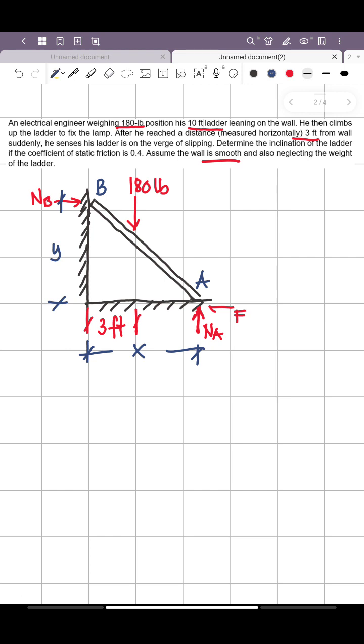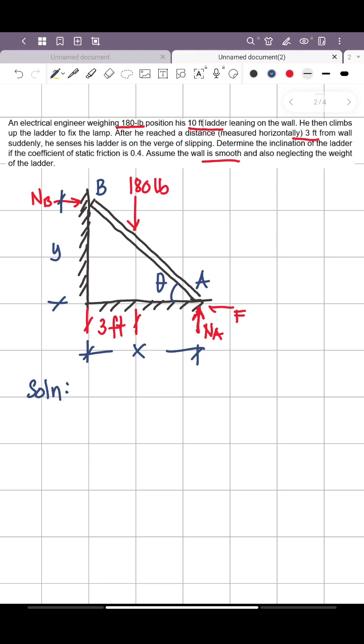So first, let us determine our Y distance. We do not know that one because we do not have an angle. Because our problem is to determine the theta, the degree of inclination.